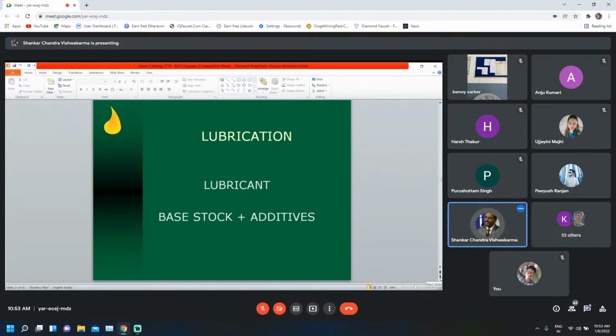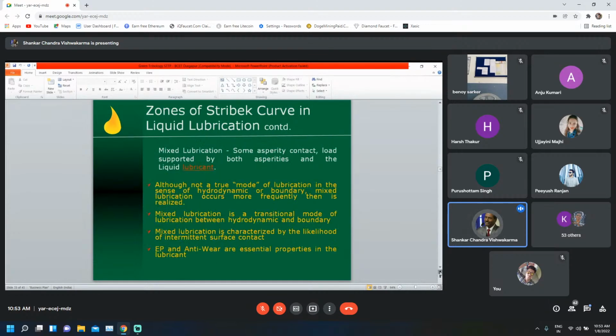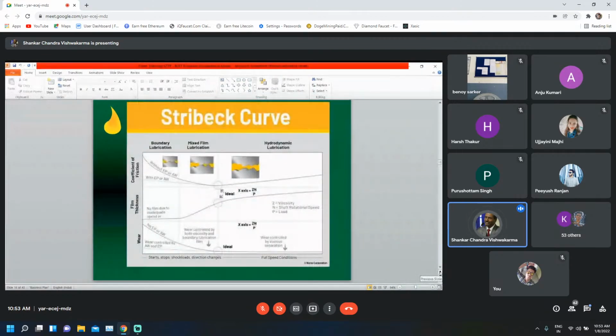So as I said, these are the three very important zones to understand lubrication. I'll repeat that again from the Tribo curve. You can see from this Tribo curve, when boundary lubrication is there, a lot of asperities are in contact. You can see that there are very few yellow lines between the two metal surfaces interacting.